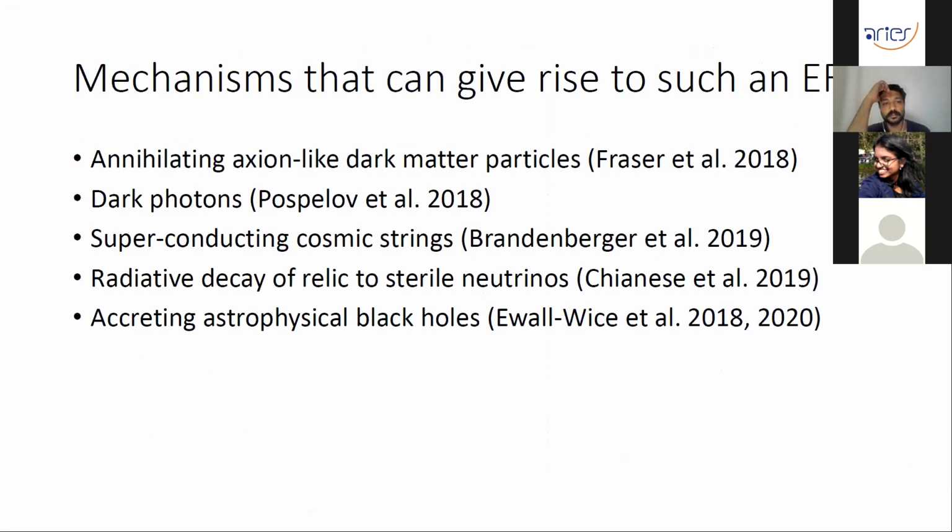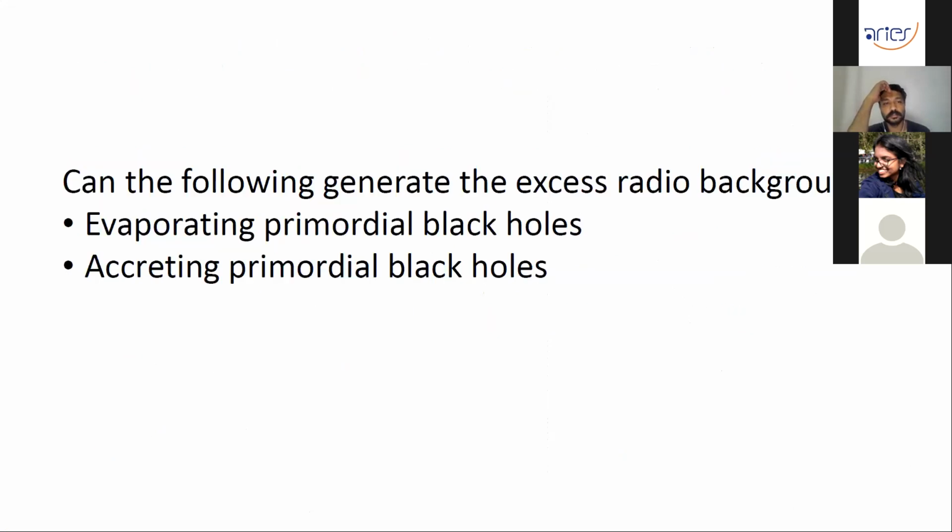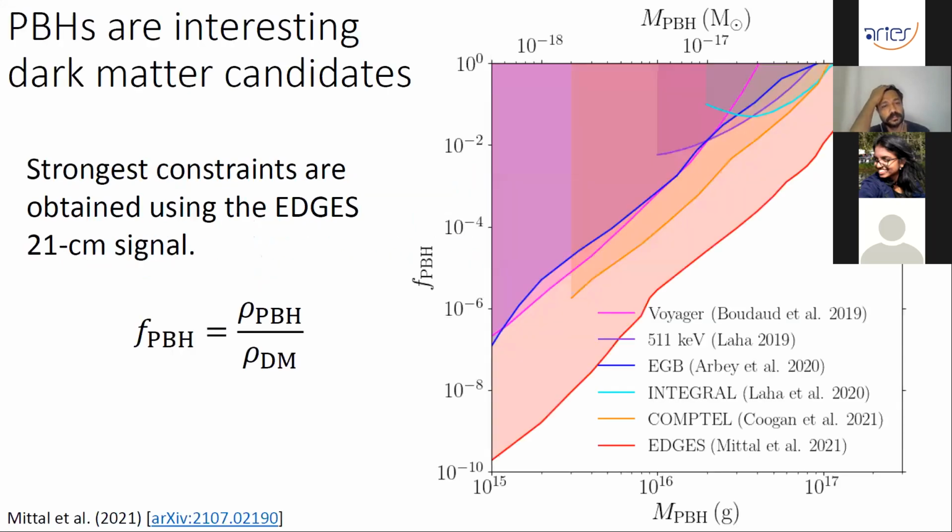In this work, I have considered radiation from the primordial black holes. So I'll be considering two types of primordial black holes. First are the evaporating ones, and the other is the accreting primordial black hole.